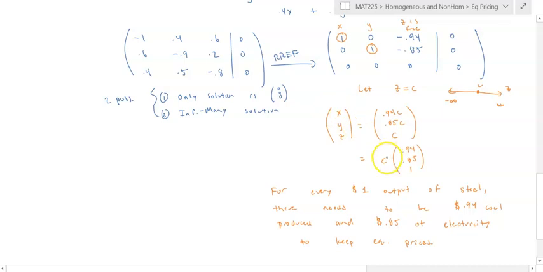In other words, if c was 100, then you would need $100 of steel, $85 of electric, and $94 of coal. And that would ensure that the income and the expenditures, based on the distribution of these percentages that are going to be spent by the three sectors, balance.